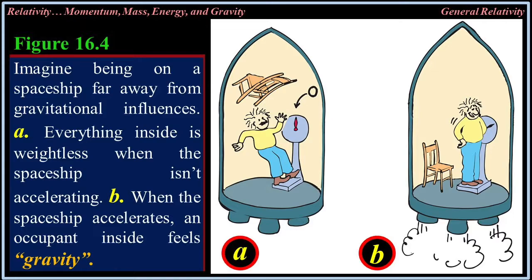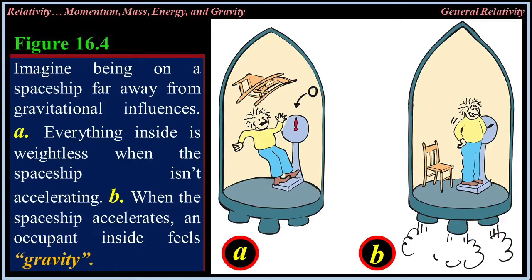The wall adjacent to the rocket motors, the floor, would push up against occupants and give them the sensation of weight. Figure 16.4. Imagine being on a spaceship far away from gravitational influences. A. Everything inside is weightless when the spaceship isn't accelerating.